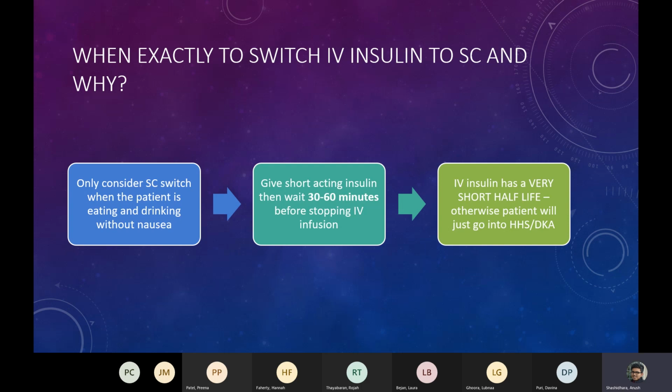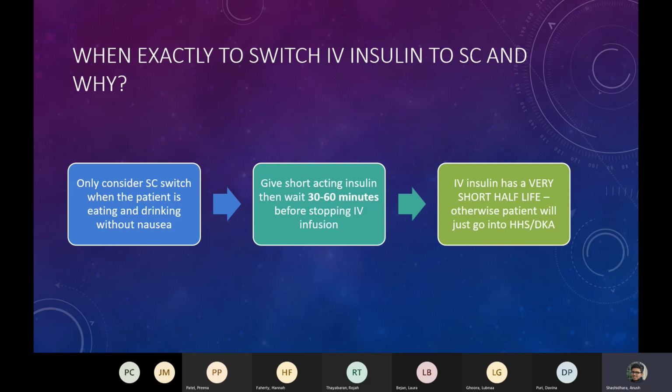Absolutely. So when they can tolerate eating meals again without nausea and their appetite returns to normal, that's when you're going to consider switching them to eating and drinking. And this is the bit I didn't know. So you're going to give them their first dose of short-acting insulin, and then you're going to wait 30 to 60 minutes before stopping the IV infusion. And the reason for this is insulin has a very, very short half-life when given IV.